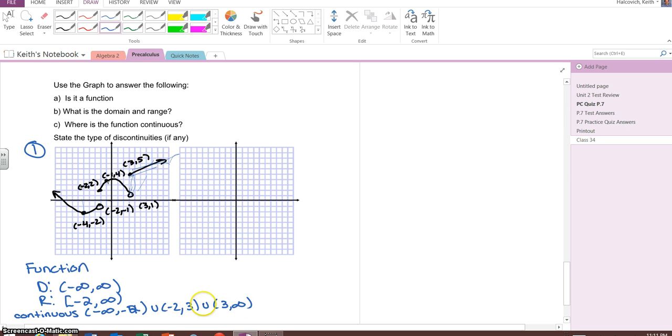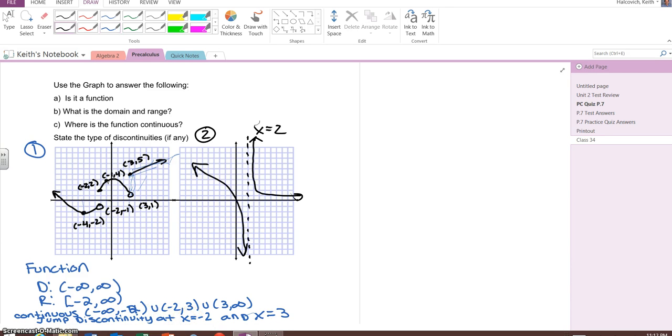And then the discontinuity, well, this would be jump, because it jumps up, so jump discontinuity. And it's at two places, at x equals -2 and x equals +3. All right, so now we'll move on to the next problem.